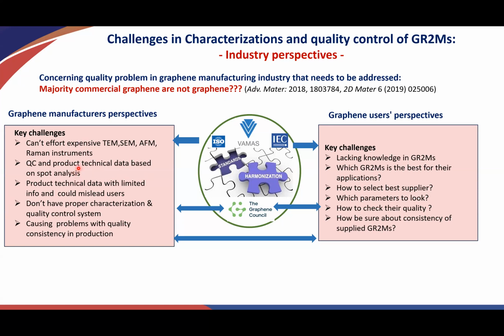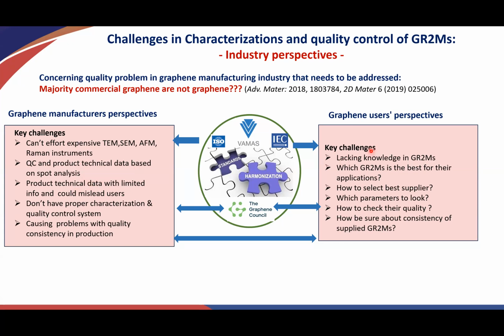They usually pay for this testing, and results from these methods, based on spot analysis probing only a single or a few particles, could provide misleading results as they don't represent the average property of powders at the kilogram scale that end users buy. This is one of the reasons why graphene producers still lack a proper quality system, and the quality of produced graphene is not consistent.